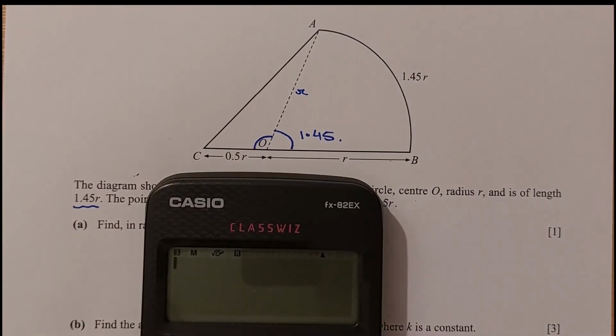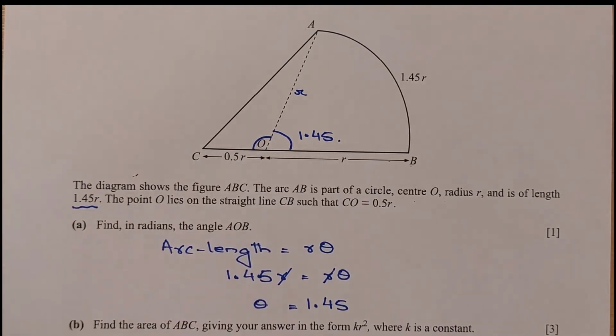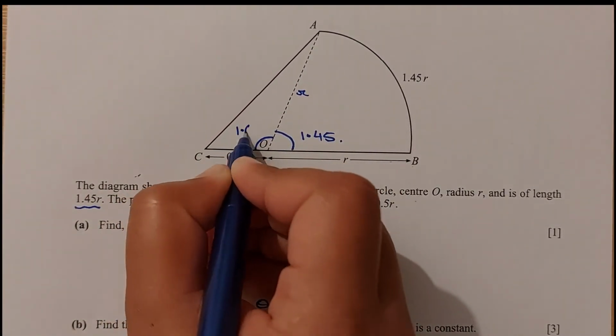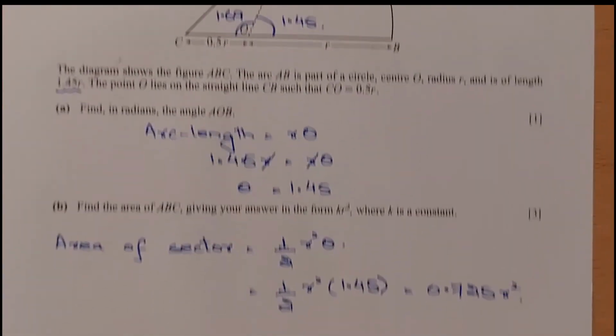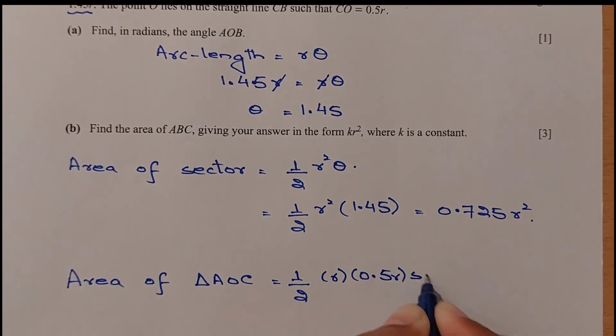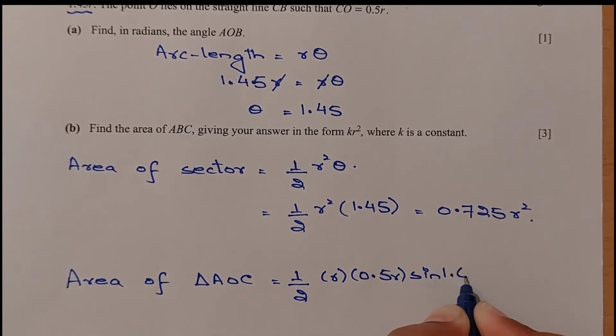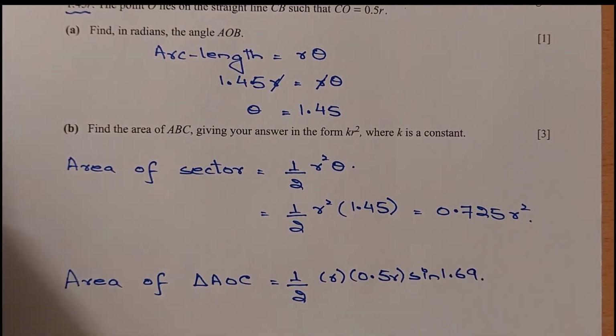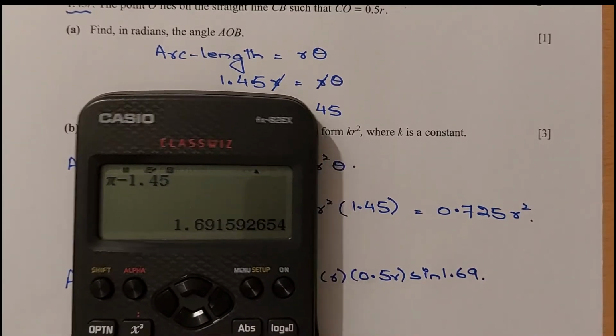So pi subtract 1.45, that is 1.69. So this angle is 1.69, right? So half, one side is r, other side is 0.5 r, and sine of the angle between them, that is 1.69, right? So let me solve sine of this angle.